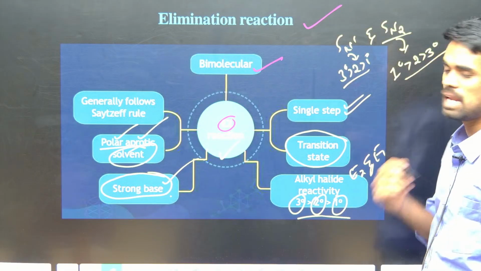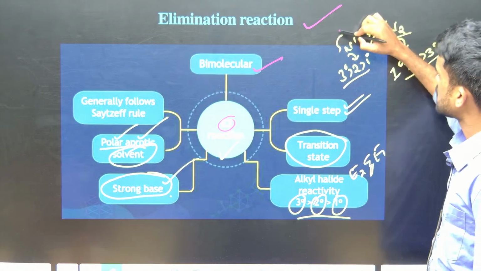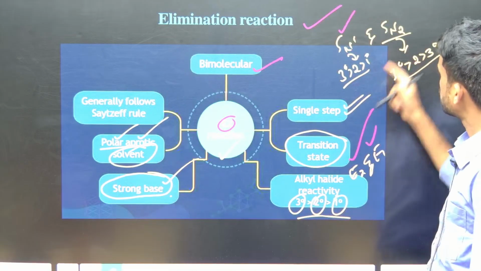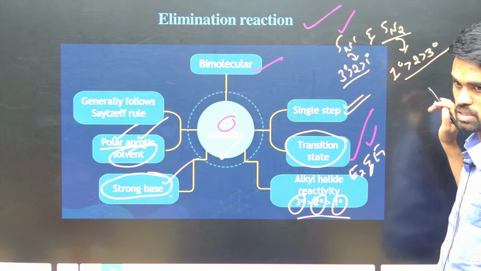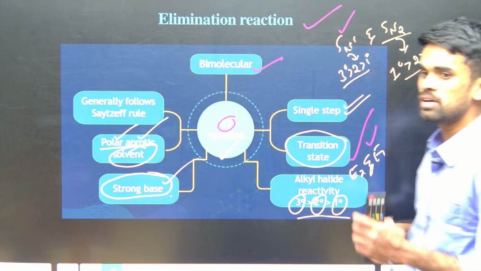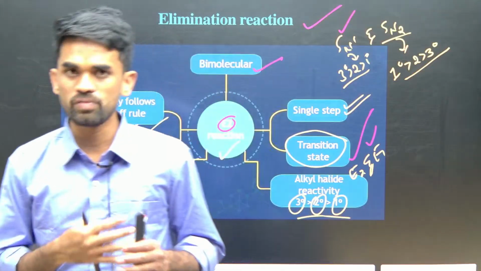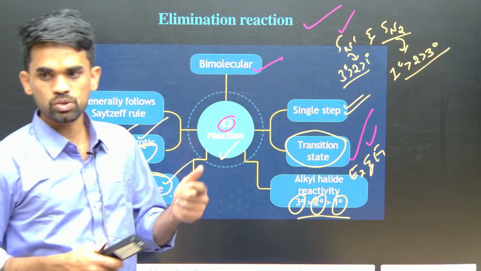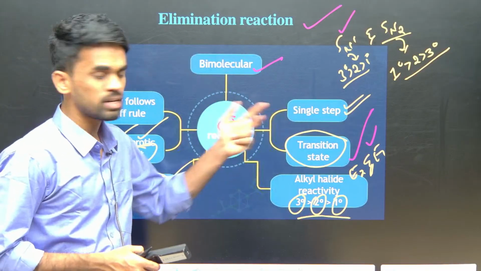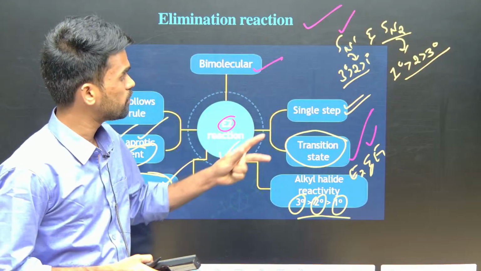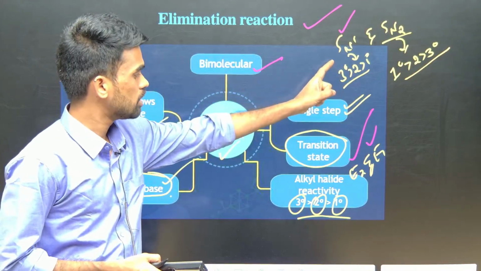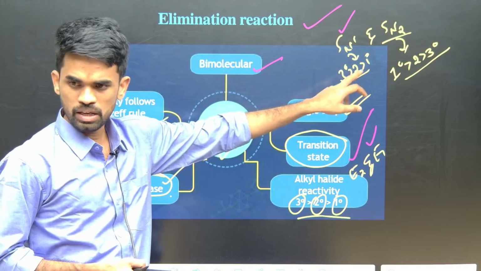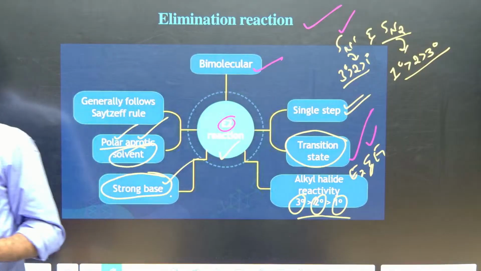So the alkyl halide reactivity is the same for SN1, E1 and E2 reactions, only 3, 2, 1, whereas for SN2 it is opposite. They may ask for which of the following reactions, SN1, SN2, E1, E2, the alkyl halide reactivity order differs. Alkyl halide reactivity is different only for SN2. For E1, E2 and SN1 it is 3 degree alkyl halide, then 2 degree, then primary. This is what you need to remember here.